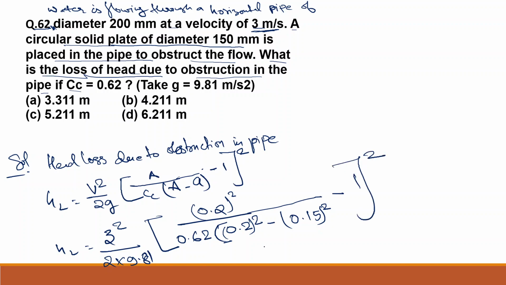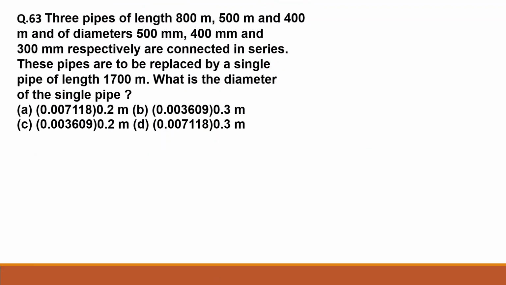By solving this we get the answer 3.311 meter. This is the value of head loss due to obstruction in pipe. So our answer will be option A. We will move to question number 63.